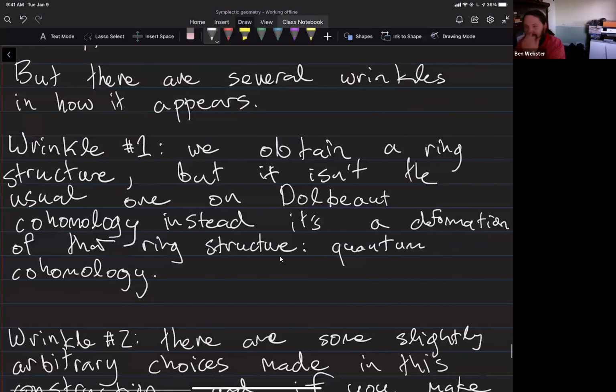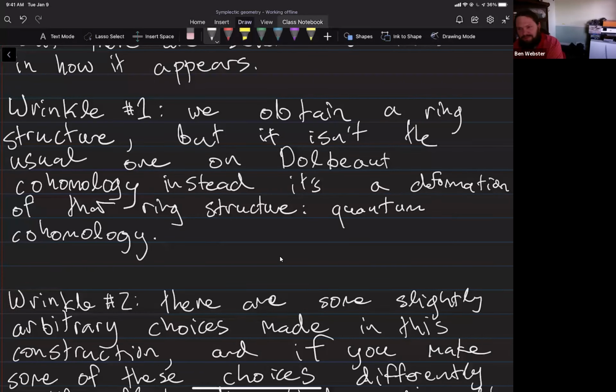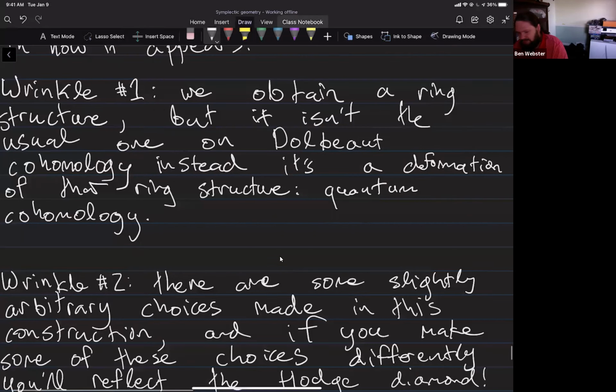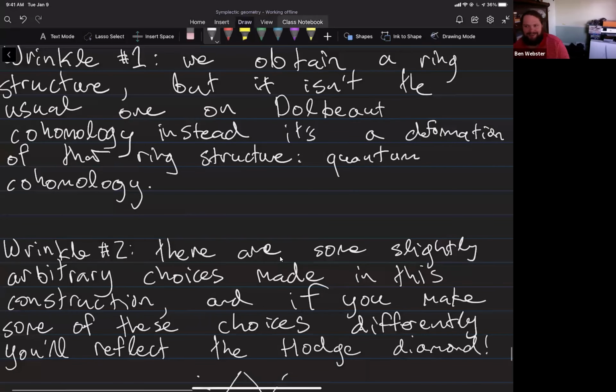On the other hand, when you do this process with the conformal field theory, you make some choices, and these are not complicated choices. They're some kind of sign convention kind of choices. If you switch those around, they're things like, do I want this complex structure, or do I want -1 times this complex structure?